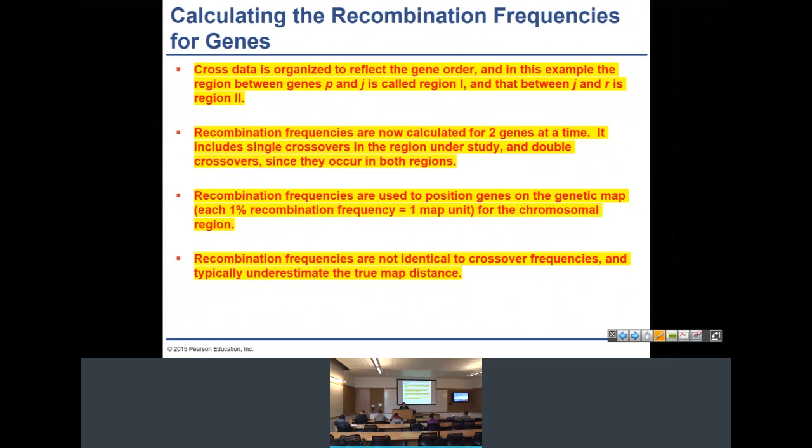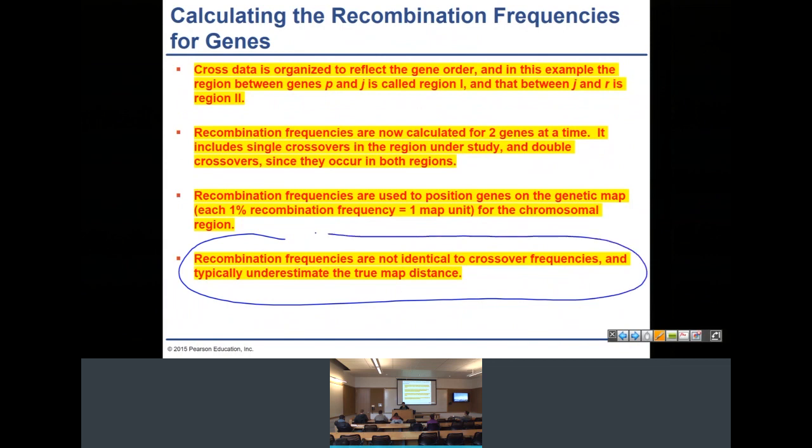One of the things that's very interesting is this little statement right here. In reality, these recombination frequencies, which we convert to map units, are not really the truth.